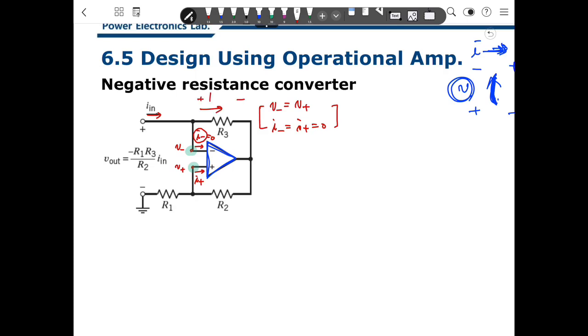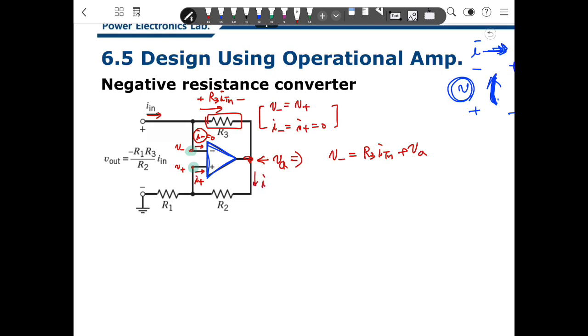So this voltage drop is R3 I_in, and this voltage we define as V_A. And V negative is the voltage drop here, R3 I_in, plus V_A.